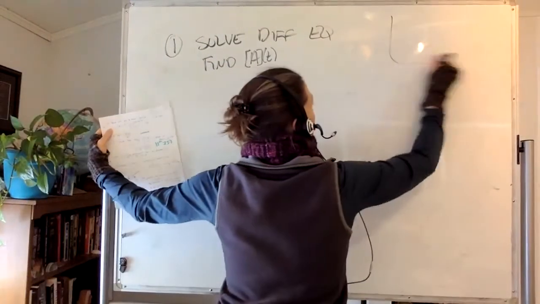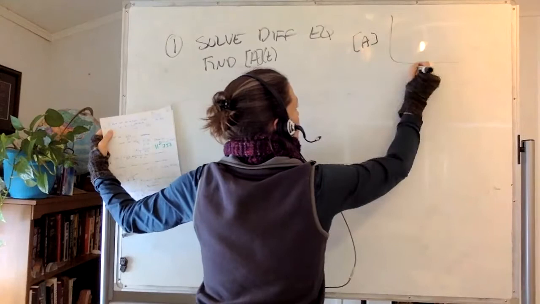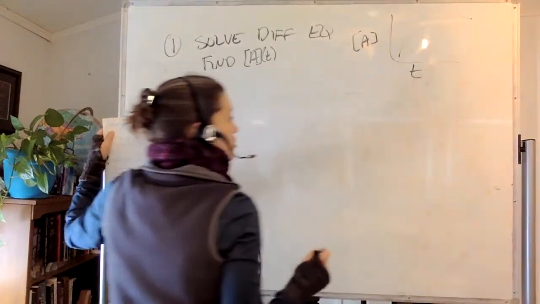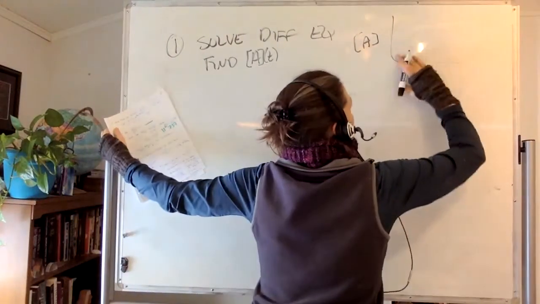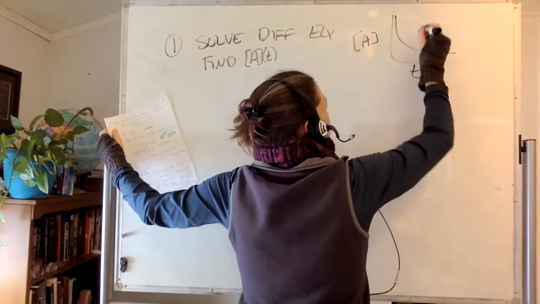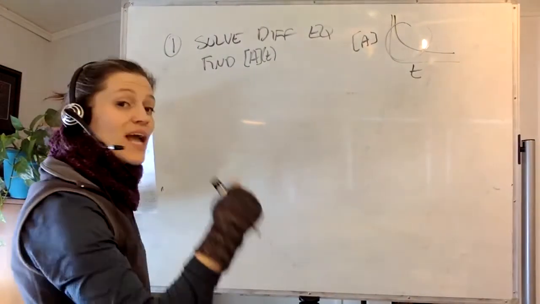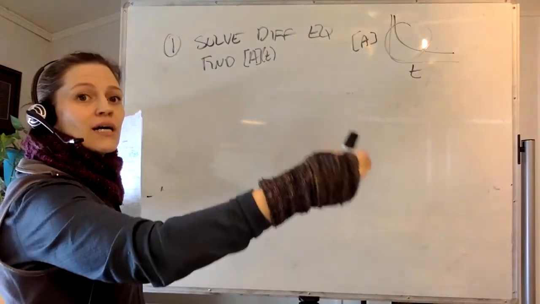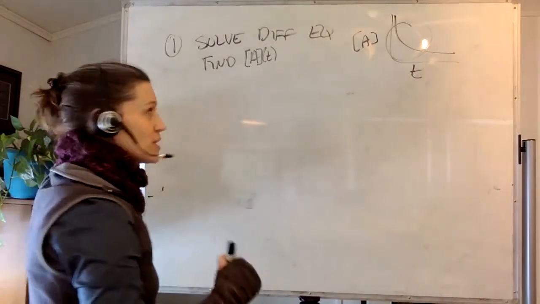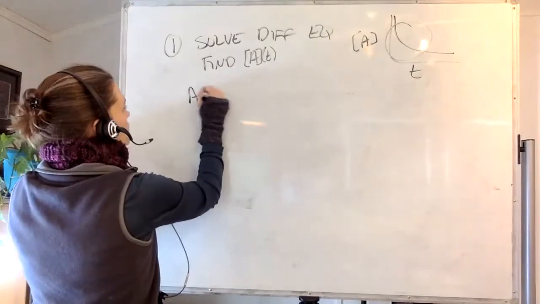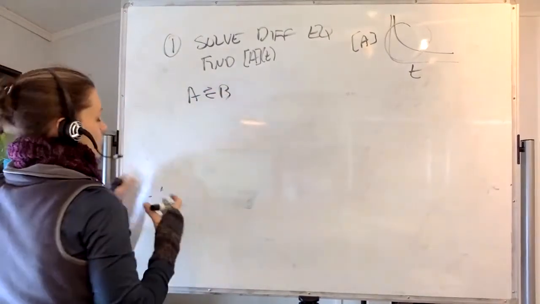So again, what we're doing is we're finding A as a function of T, how it's changing. Oops, sorry, it's this part. We're wanting to find a function that describes that decomposition, as we have an included formation of A because of the equilibrium, or because of the reverse reaction.